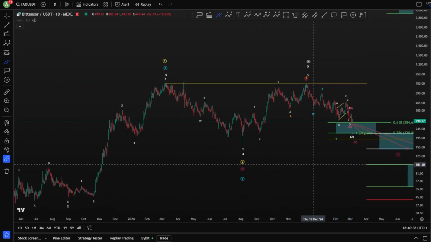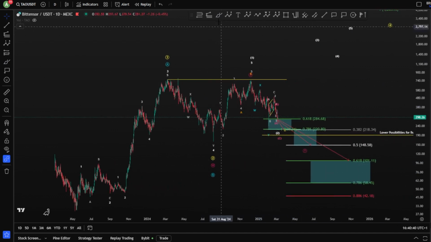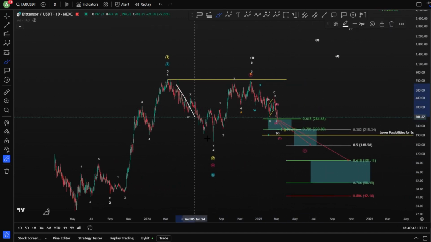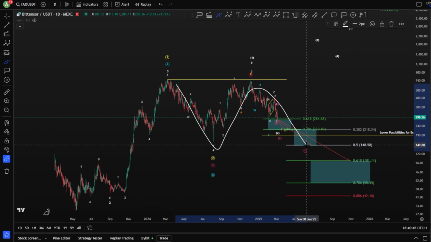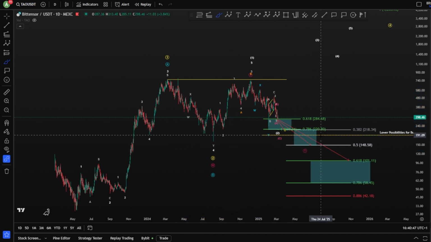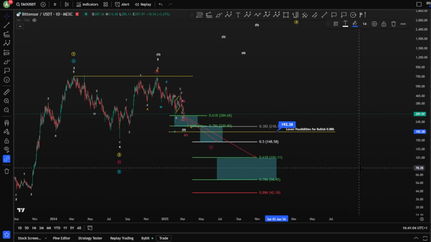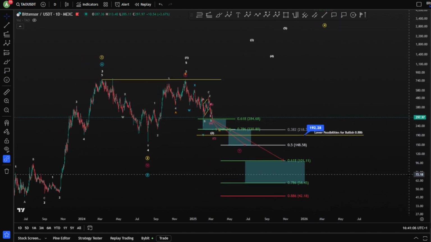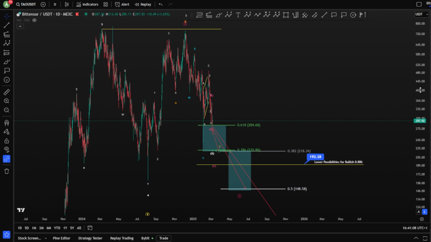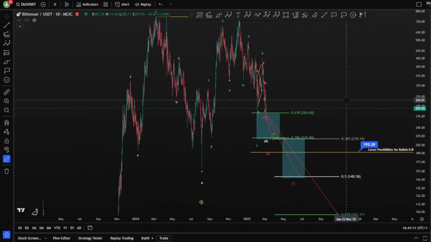And in this case scenario, if we come back to this area, we are looking then potentially to a bigger WX and a Y. Yeah, so we have to be careful with it because, of course, reaching the 0.886 lower than the 0.786, meaning, of course, here, as you can see, a lower possibility for bullish at the 0.886, meaning at the price exactly of, let me check, here we go, at $192. Of course, this is your invalidation of a massive bullish scenario.